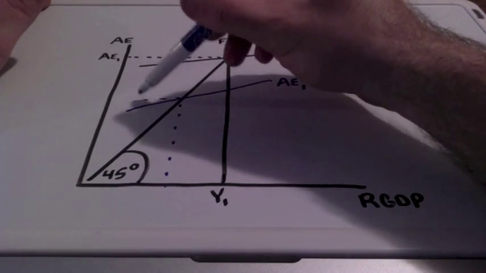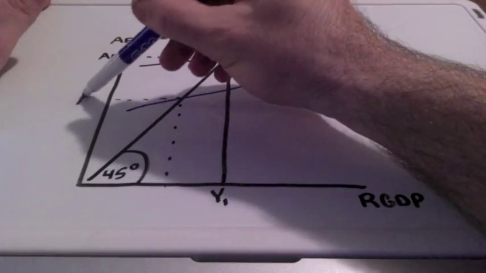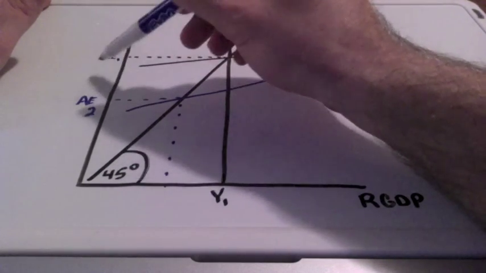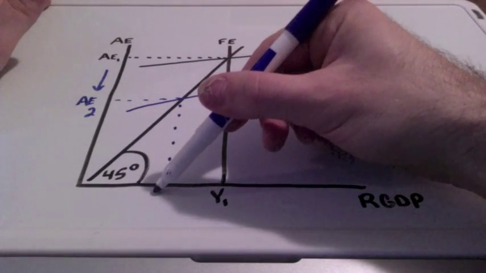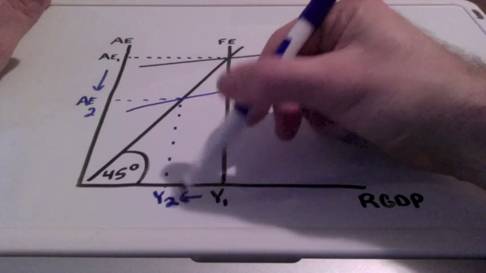We are moving away from the full employment of resources. Aggregate expenditures are going to go down, and so will our GDP.